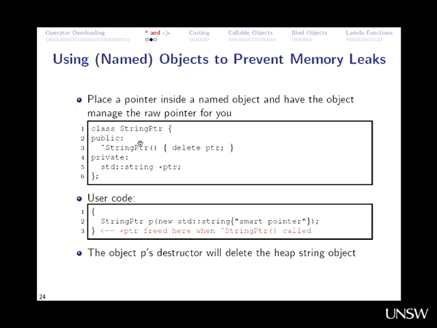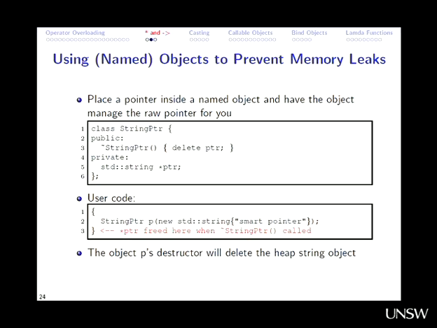So this class is a wrapper around a pointer to a string. The destructor deletes the pointer. This way you don't have to remember to delete your memory. It deletes it automatically. So I use code like: string pointer p equals new string smart pointer. When that goes out of scope, it's automatically deleted.